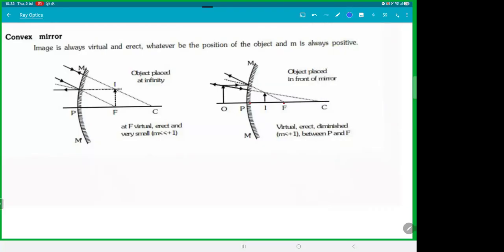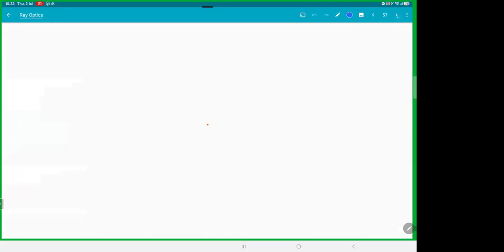Let's see how they will frame a question on this. Let's see one thing there. We have a concave mirror. So we have an object here, which is going with a constant speed u at a height.